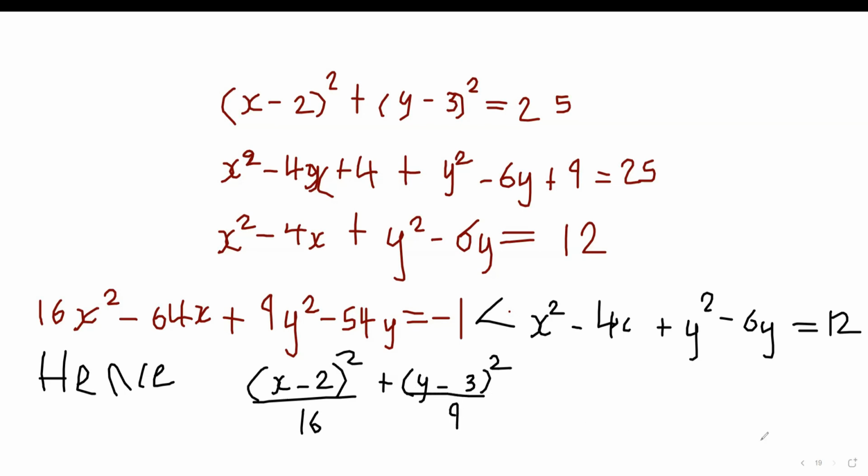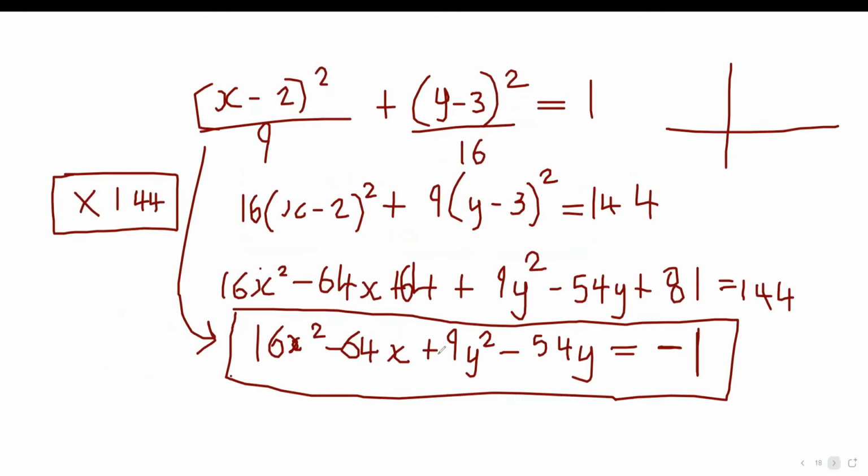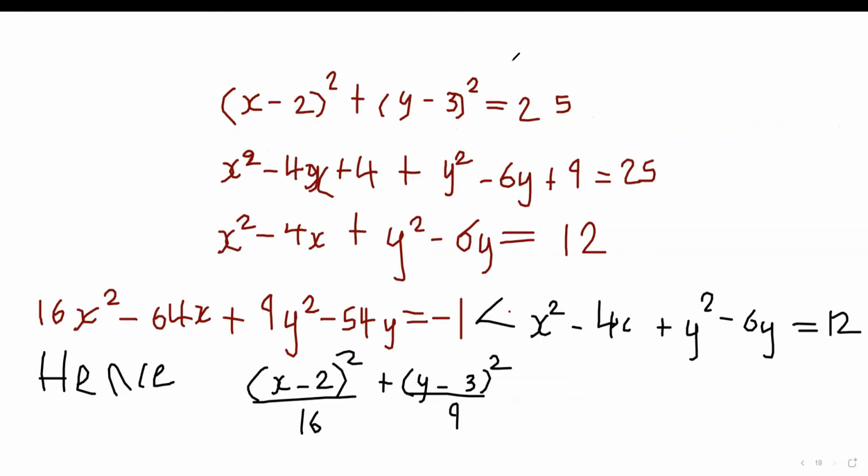I think I'm writing it down wrong. It's over 9 and over 16. This part was over 9. This part was over 16. Hence this part, which ended up being equal to 1, is definitely less than, you can even put less than or equal to, your x squared.